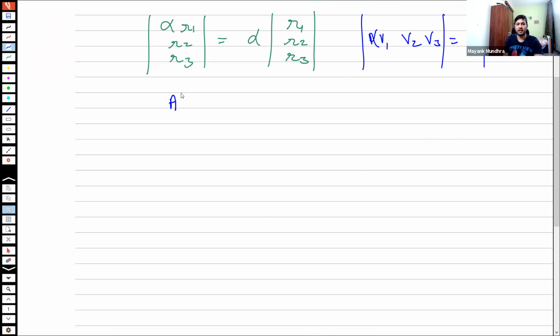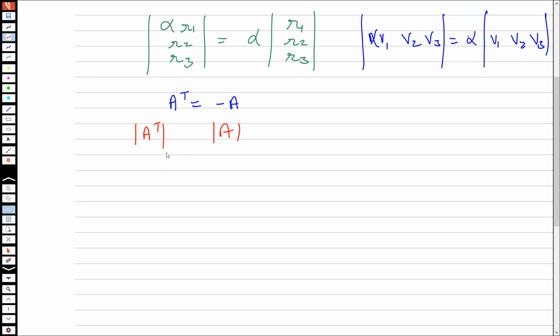So basically I have A transpose equals minus of A. What's the property that we studied between determinant of A transpose and determinant of A? How are they related? They will be equal. Equal, very good.